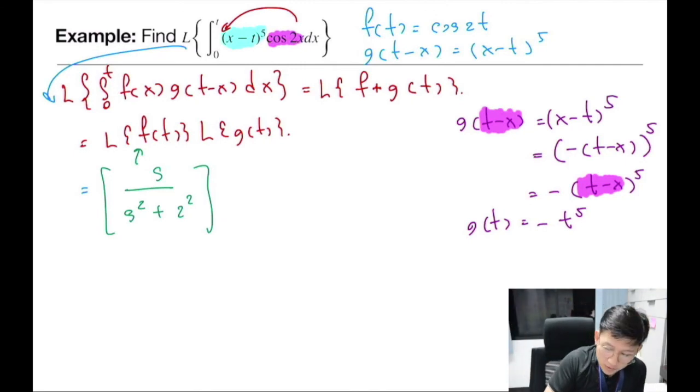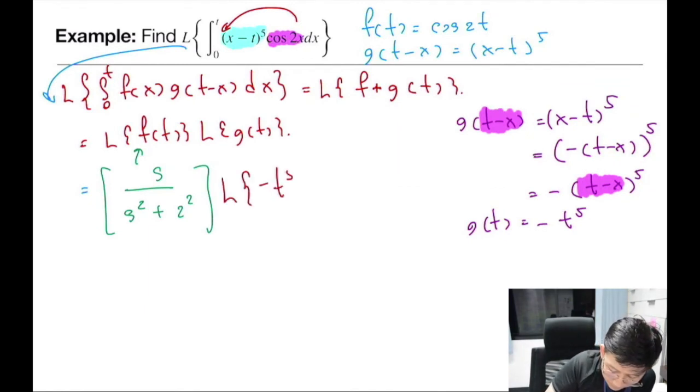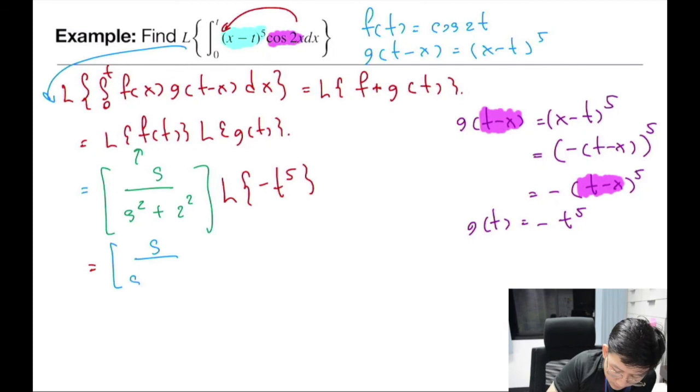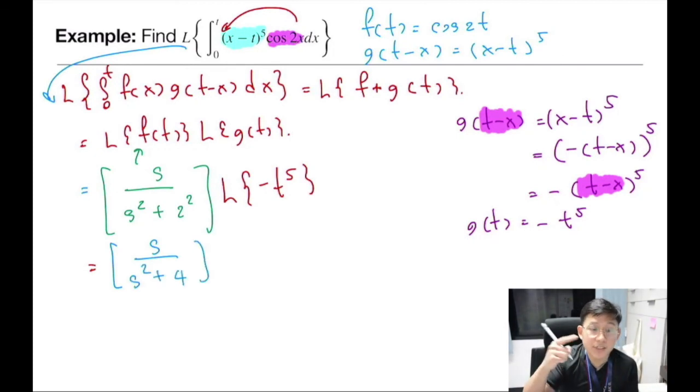So you need to find the Laplace transform of minus t to the 5.